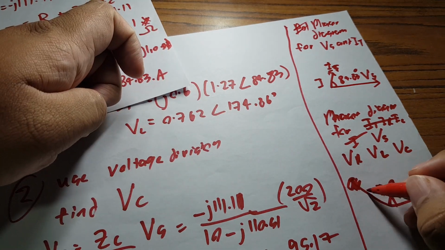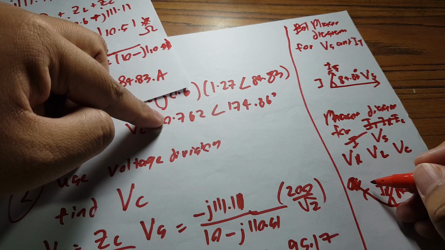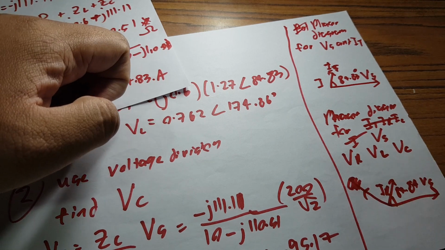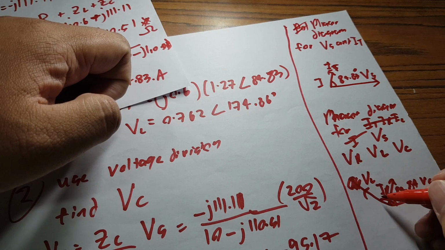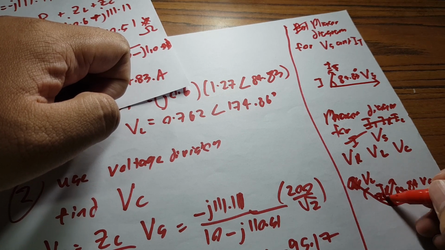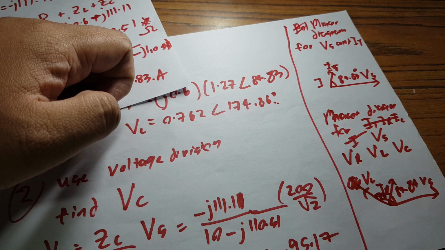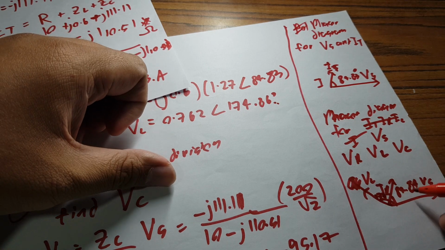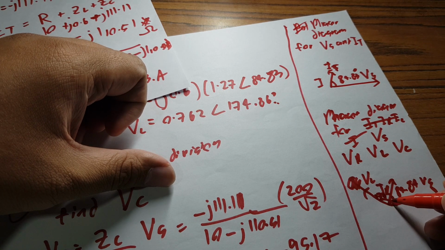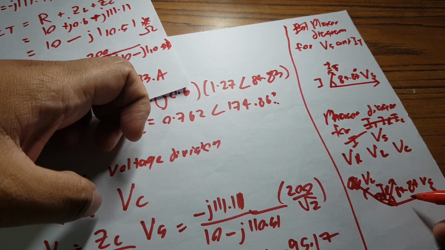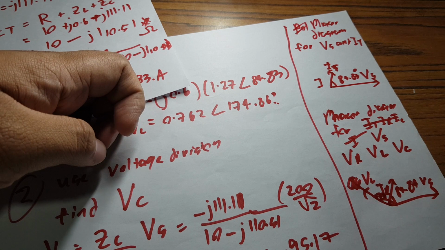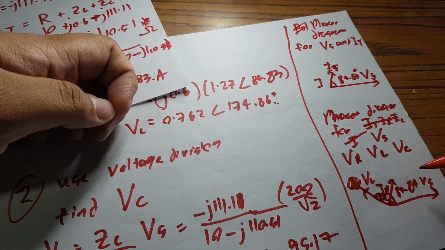So this one should be smaller, because the value is smaller. This one also smaller. So VL, this one you have to put 174 point, this one 86. So this one is usually 90 degree from the VR. So VC is 90 degree but at a lower side.